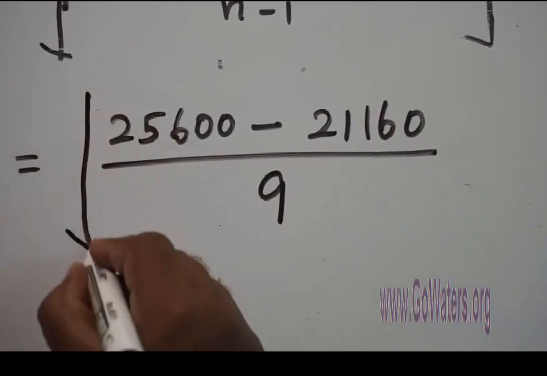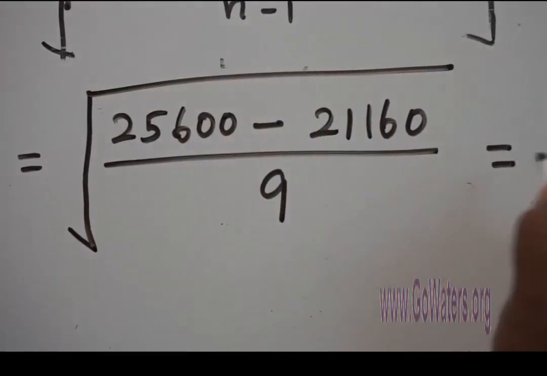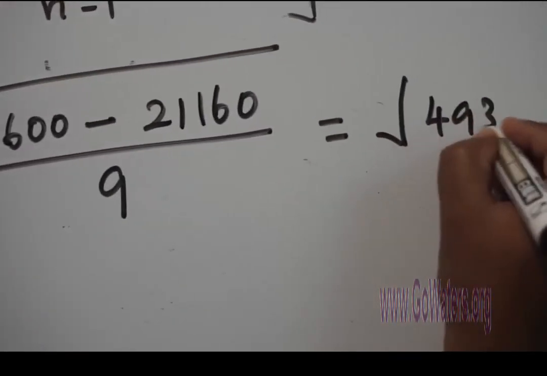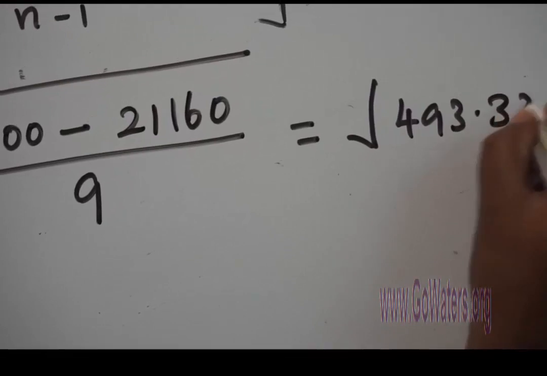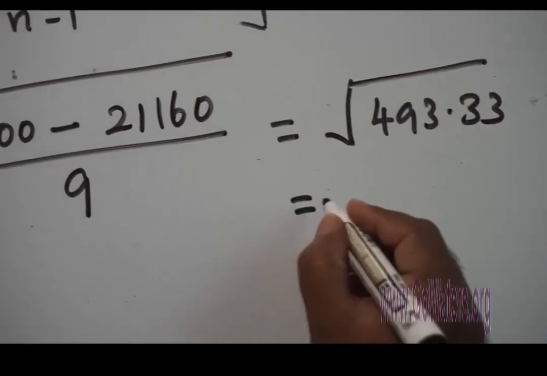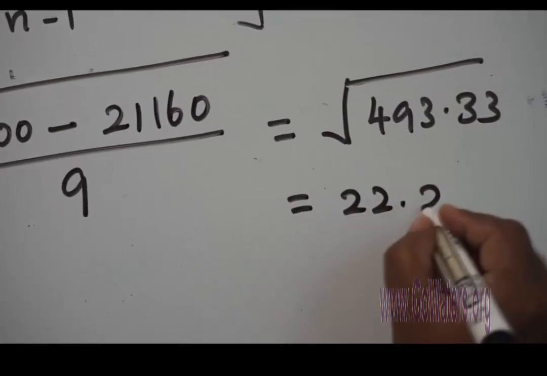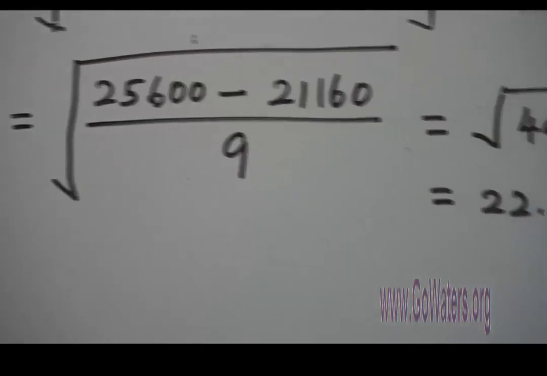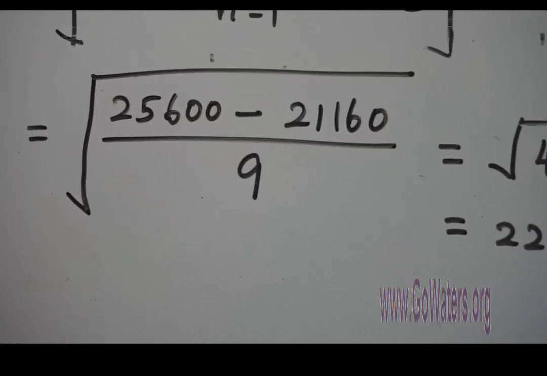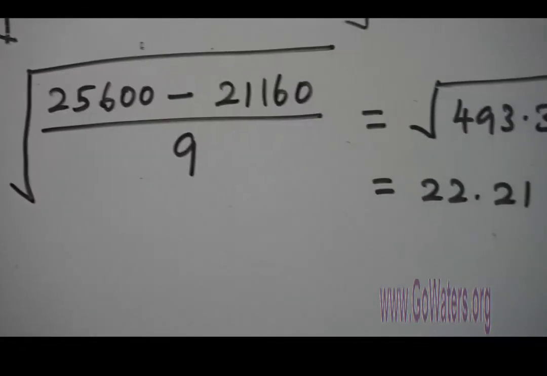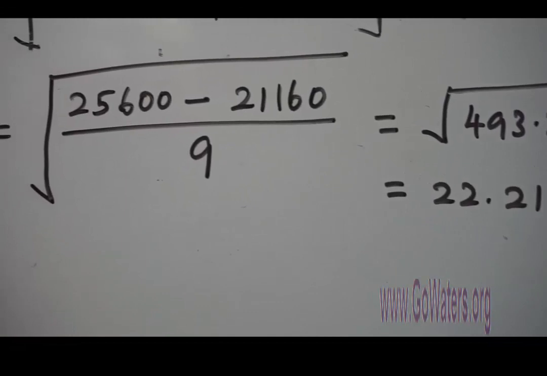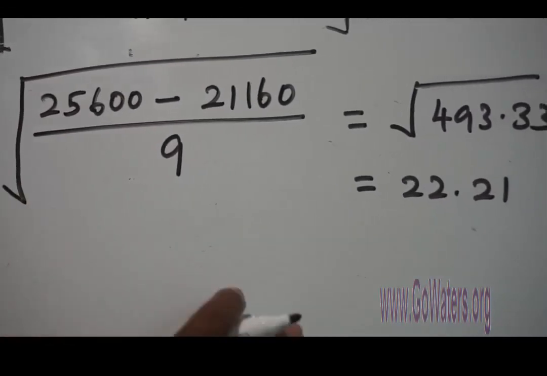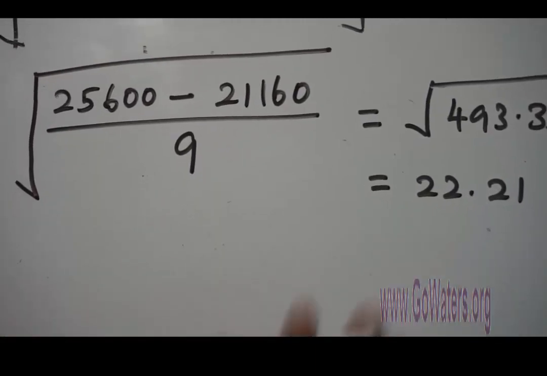The square root of 493.33 is equal to 22.2. Because they have given raw data, I needed to calculate the mean difference and also the standard deviation of those differences. So I got that now.